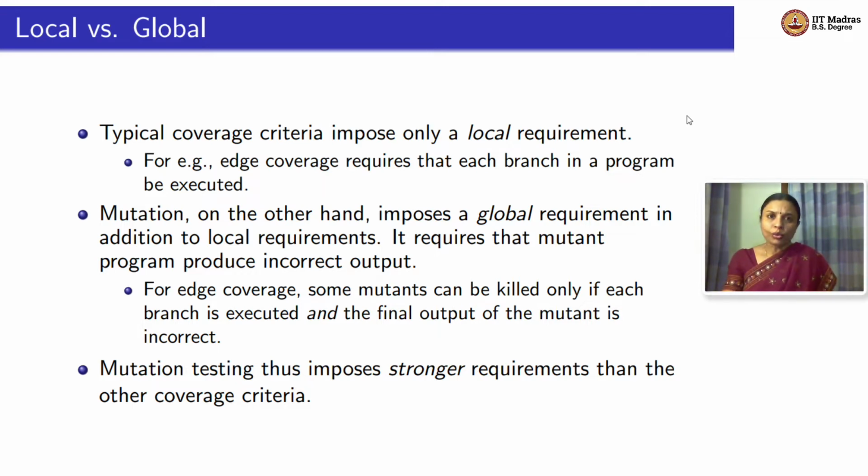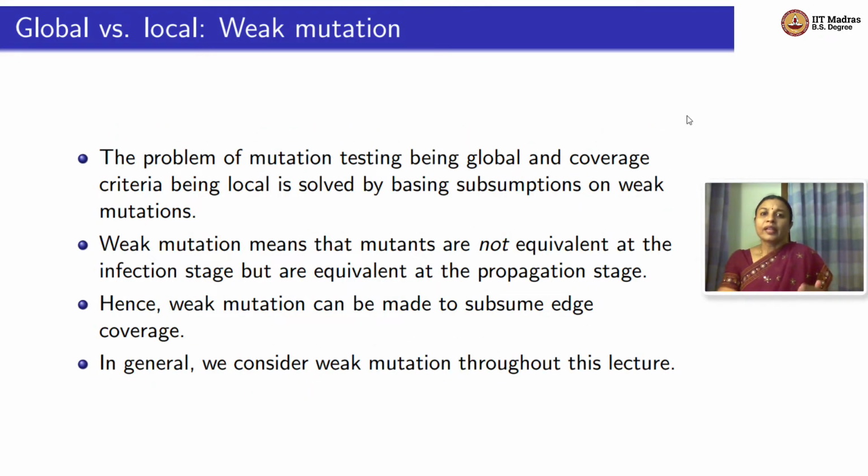It seems to impose a stronger global requirement. So what we do when we compare mutation testing to other kinds of coverage criteria is to consider weak mutation testing. By weak mutation testing, what we mean is changes that are specific to the local statement which is being mutated. And strong mutation testing insists that output is different. Weak mutation testing says that at the statement that you mutate, if you look at the state of the program, the state of the ground string would be different from the state of the mutant.